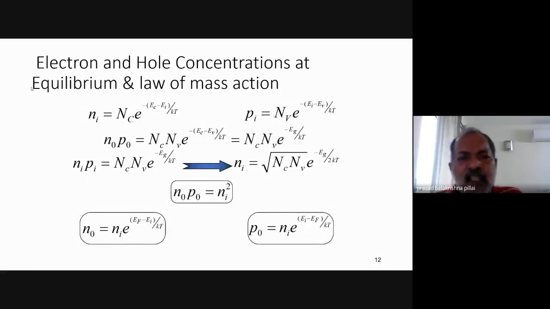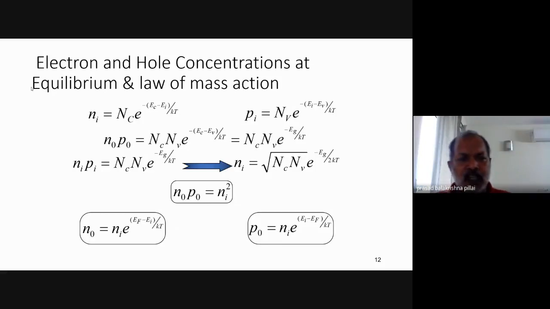EI is nothing but the Fermi level of the pure, or intrinsic, semiconductor. There are no additional impurities present. It's a pure one, so it is known as the intrinsic one. So EF is replaced by EI.